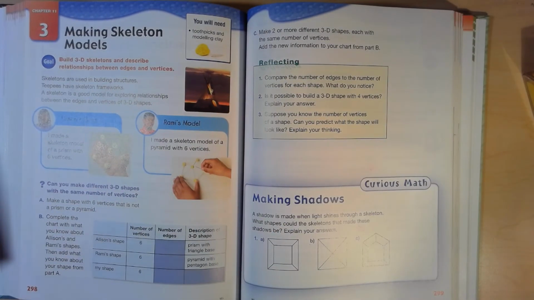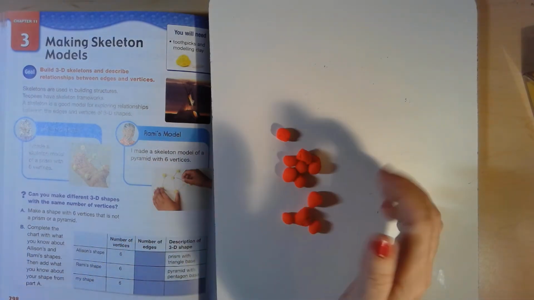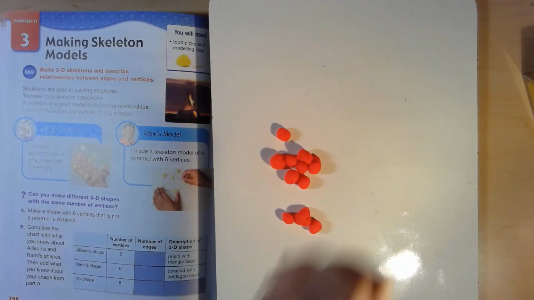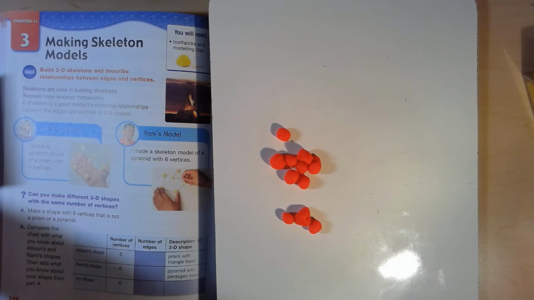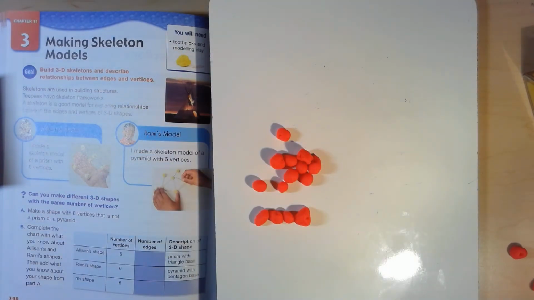You can just watch and get some ideas. So what I did is I made a mess. I love messes. And I ended up making tons of little tiny spheres out of my Play-Doh. And then I pulled out some toothpicks and I made some shapes.